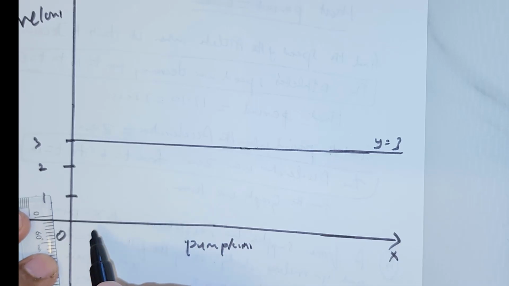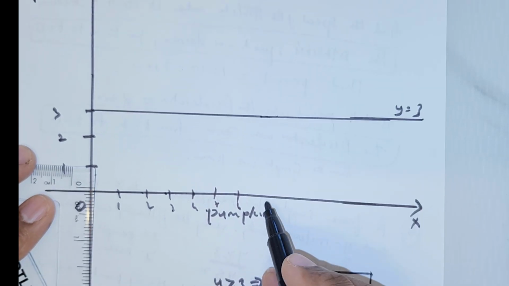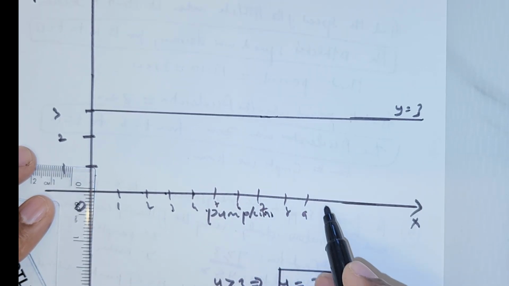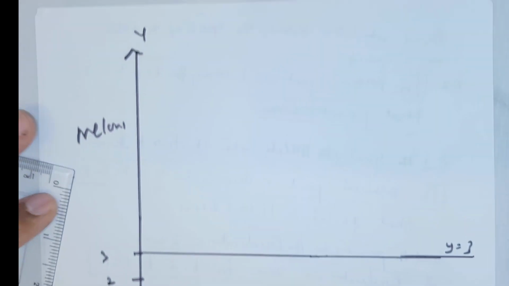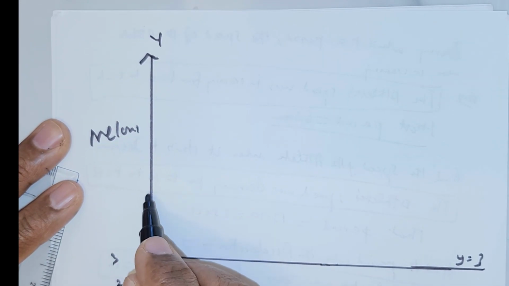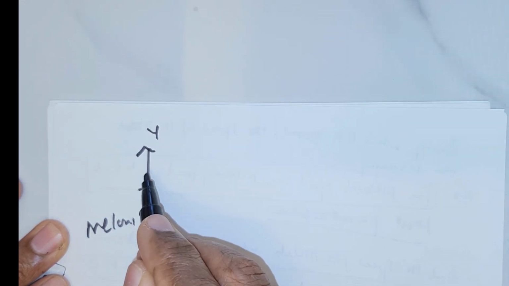So if I were to take this as 1, 2, 3, 4, 5, 6, 7, 8, 9, 10, 11, 12, and on the y-axis 3 units, 4, 5, 6, 7, 8, 9, 10, 11 and 12.